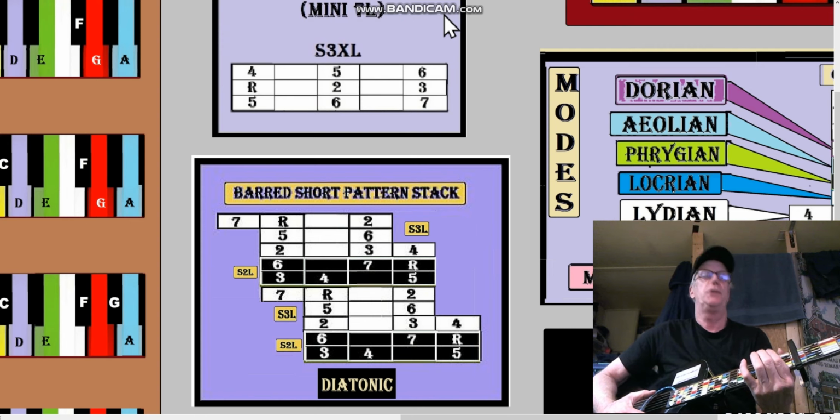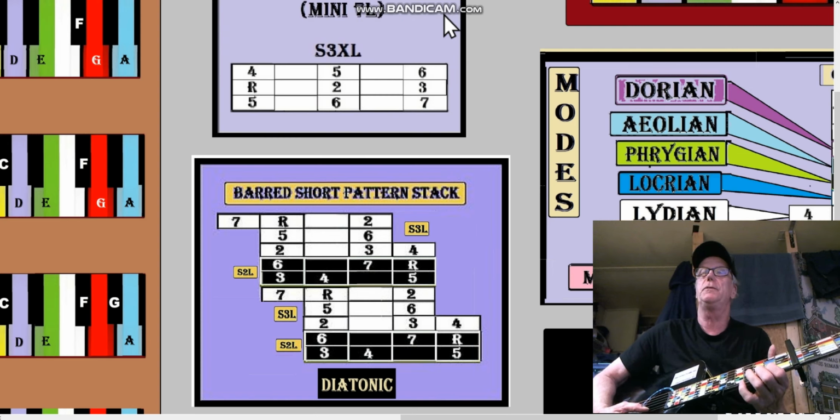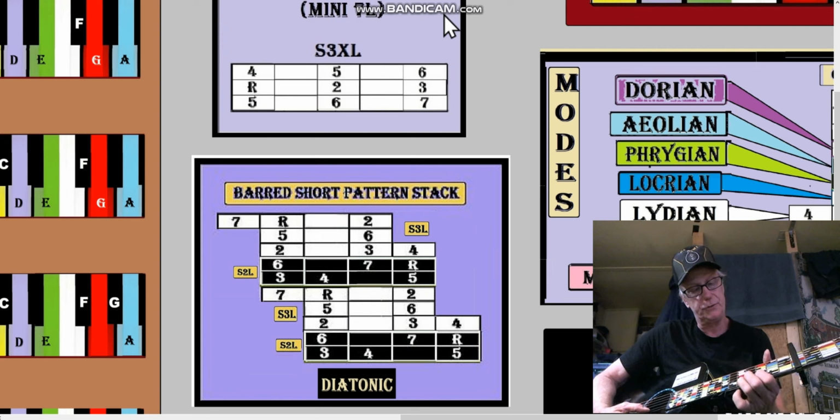So you got 2, 3, 4. Now we're going to do the 5, 6 without the 7. 5, 6, skip, root 2, 3, skip the 4, 5, 6. And then from that 5, 6, we just go back to 7, root 2. But you don't even want to go to the 7 at that point. So it's 5, 6, root 2.